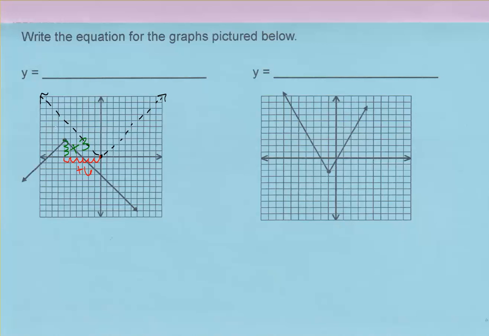And if you can see, it is upside down, so it was also reflected. So that means that our equation will be y equals a negative up front, absolute value of x plus 6, and then a plus 3 at the end.